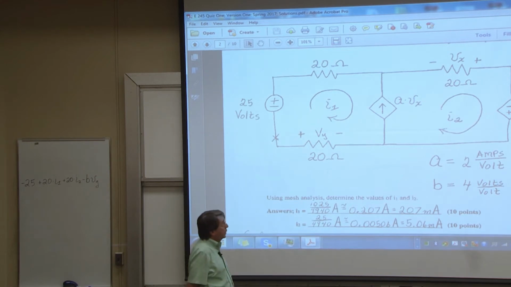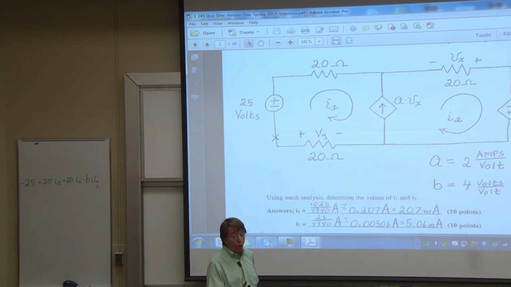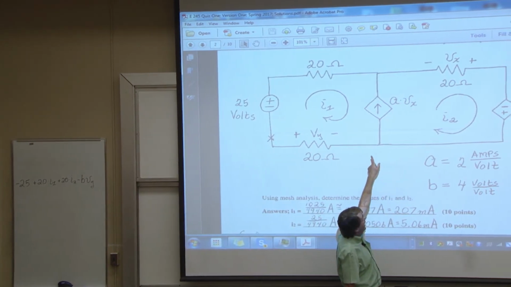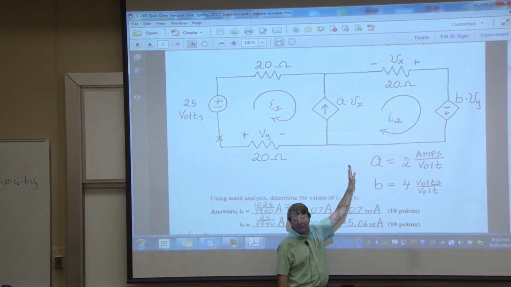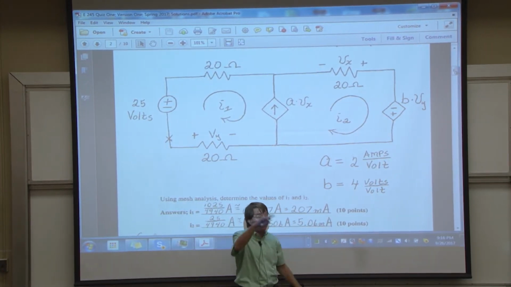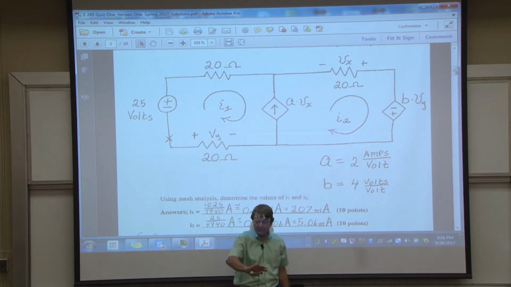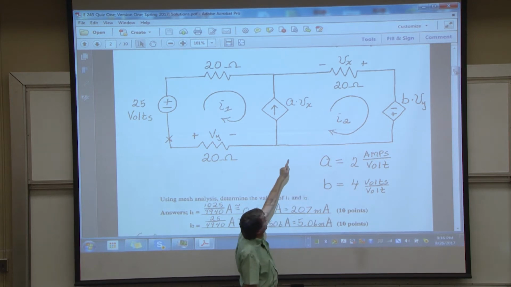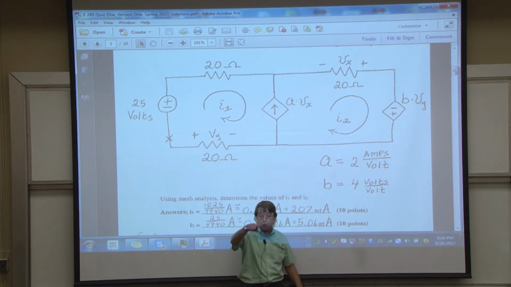Right. I like your contribution very much. You're bringing up 2 points. There is I2 entering the resistor on the left. My colleagues, for a moment, forget the minus Vx. If that minus Vx wasn't there, I'm hoping we would all agree that would be 20 times I2 and that would be positive.